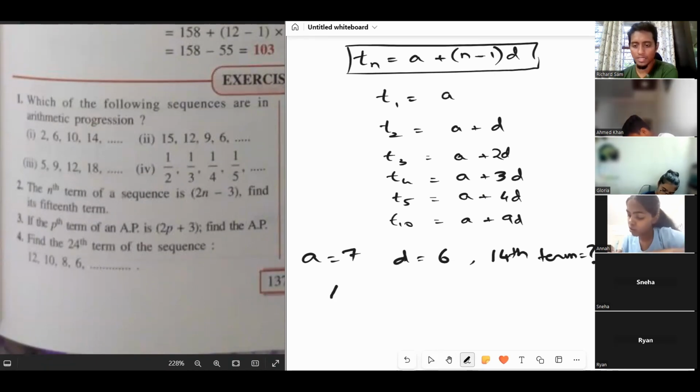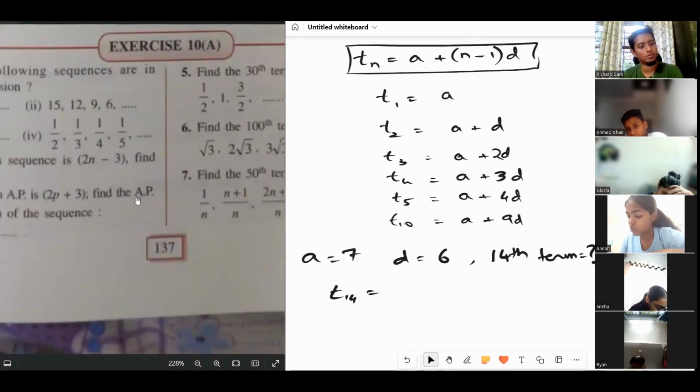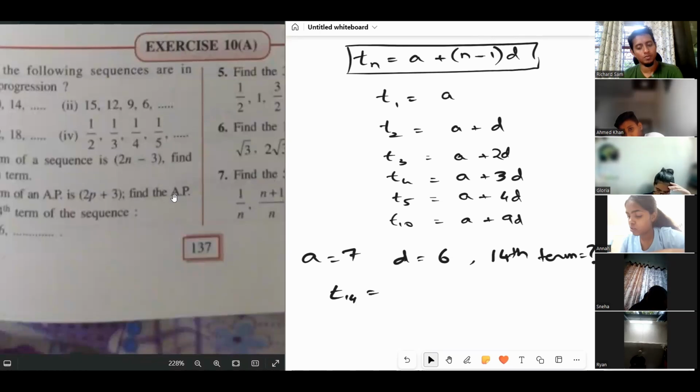So you have to find T14. So the n value will be 14, no? Yeah, in place of n, you have to put 14. 14 minus 1.